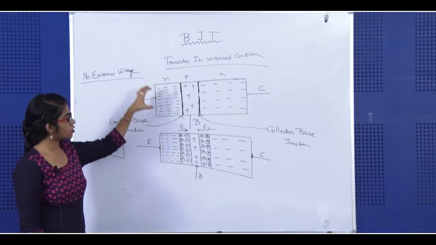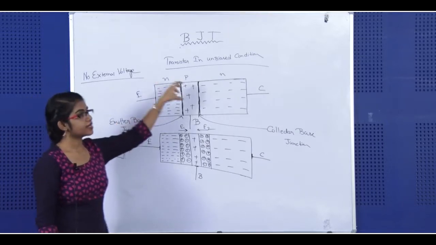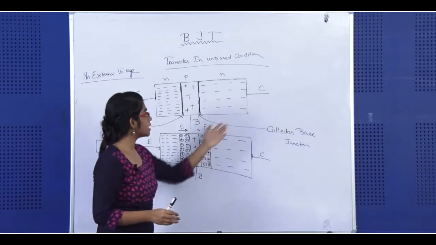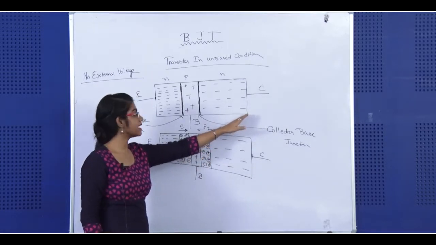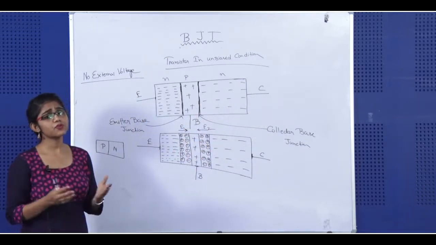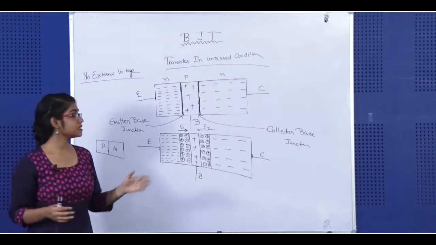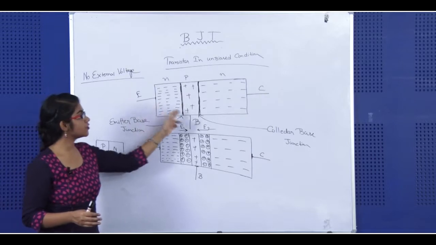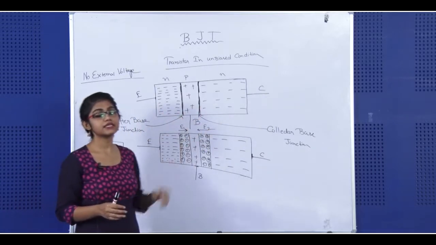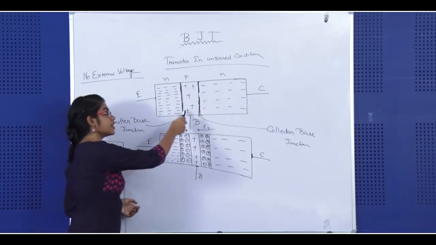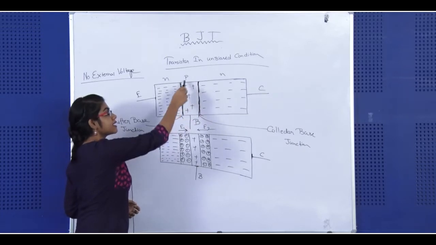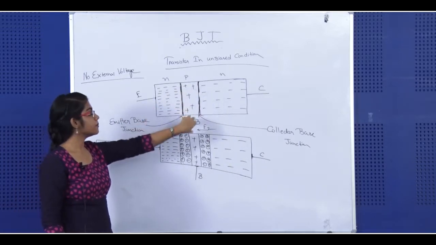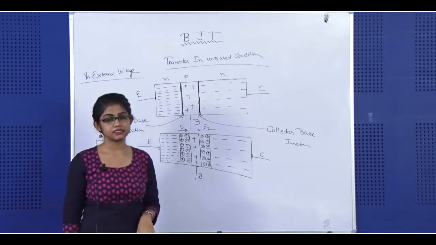So electrons will move from emitter to base to equalize the concentration, and in the same way electrons will move from collector to base. That means electrons will diffuse from emitter to base as well as from collector to base. In the same way, the concentration of holes is higher in the base region, so holes will also diffuse from base to emitter and to the collector region.